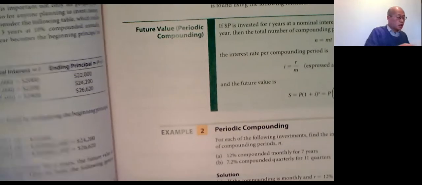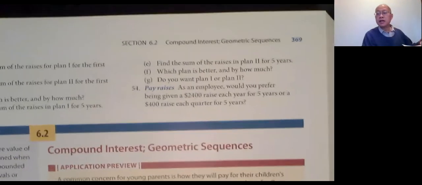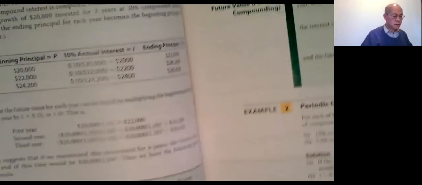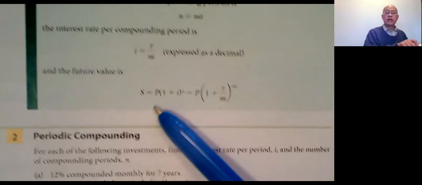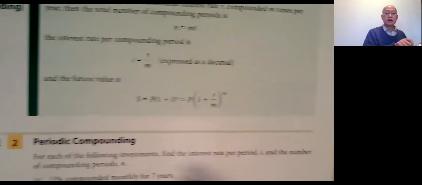Then last time we did compound interest, 6.2. That would be my page 369, I guess, and 371. The only one you really need is this one. S equals P times 1 plus I to the N. S is the future value.